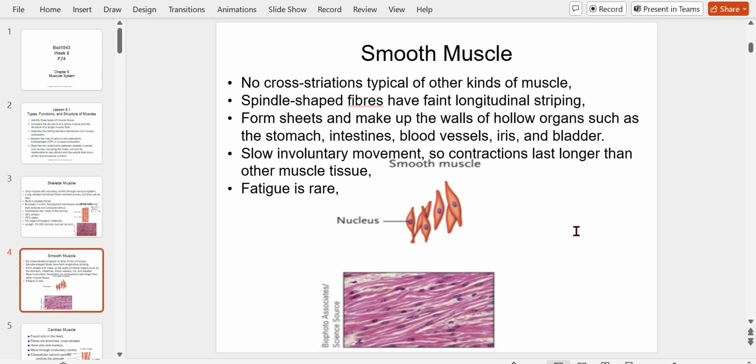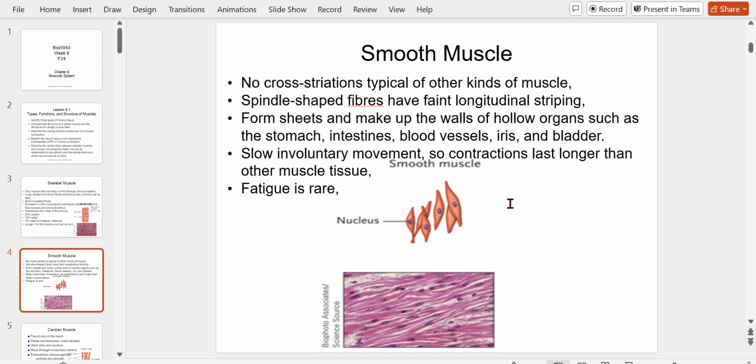Well, what was propelling that banana through your system? That's your smooth muscle. And it's kind of the exact opposite of skeletal. It is involuntary. It is not strong. Doesn't have to be. We don't have control over that banana as soon as we swallow it.